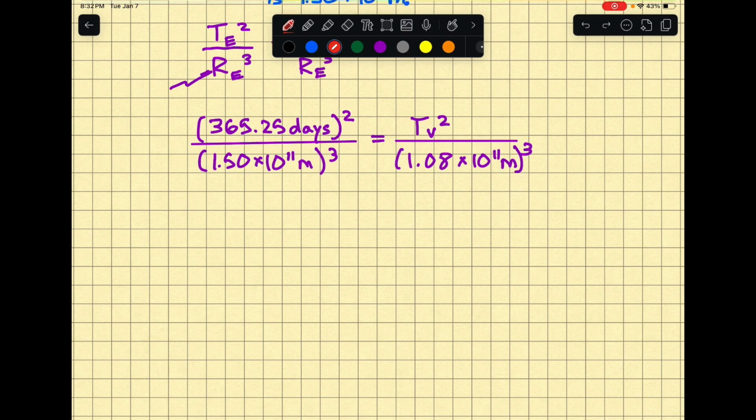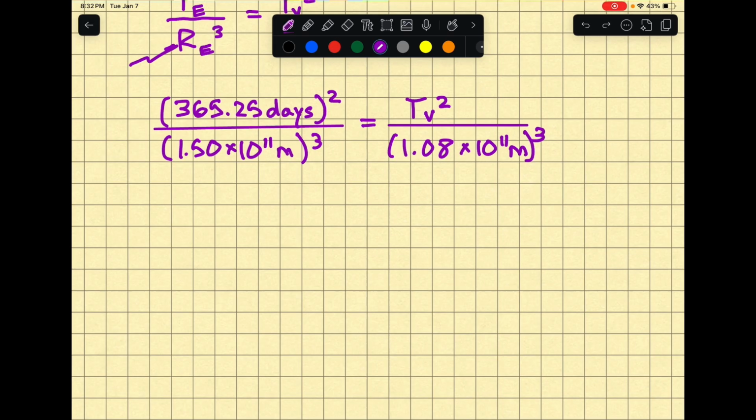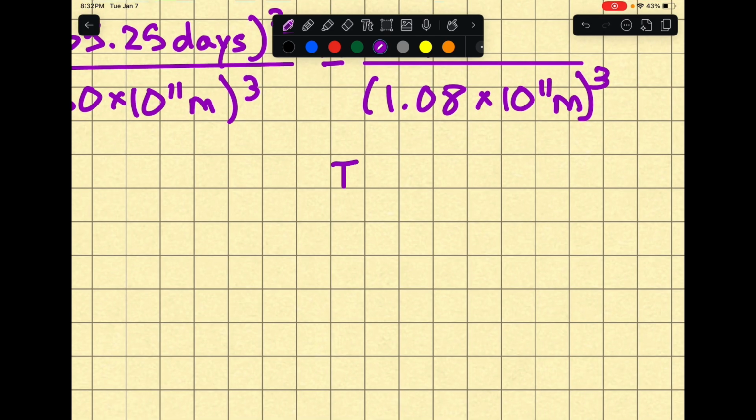So the orbital time period of Venus is equal to 223 Earth days, which we'd expect, since it would be shorter than Earth's because it's closer to the sun.